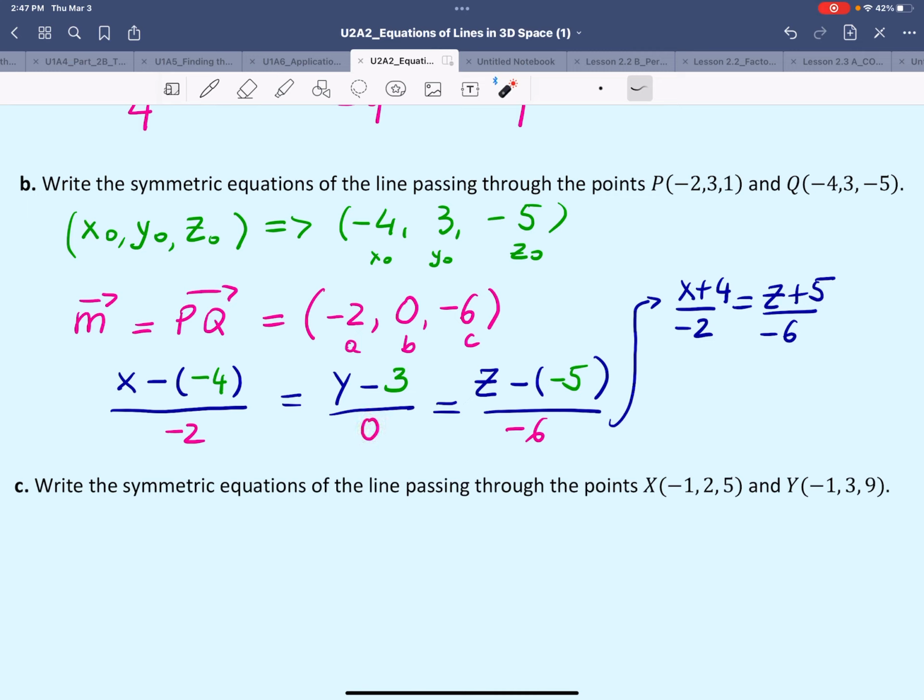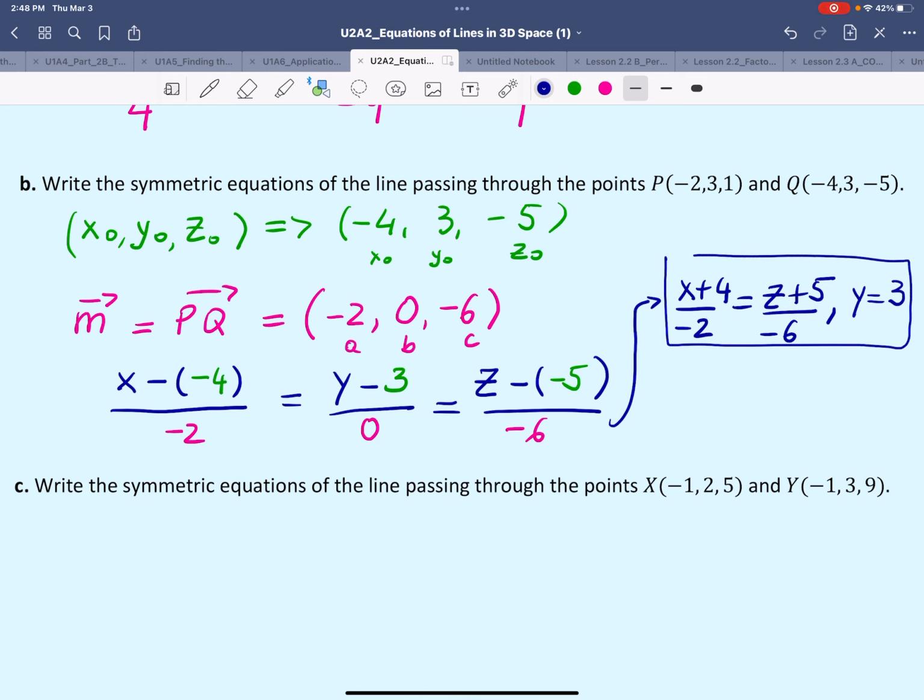In the meantime, we cannot deny the fact that this is an existing direction vector, and this 0 is what brought the problems in. So for this particular line, all we know about y is that it equals 3, and it won't depend on the y coordinate of the direction vector. So we're going to write a comma here, and we'll write y equals 3. And with this, we complete our symmetric equation.